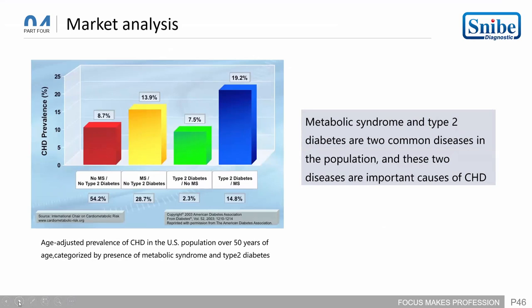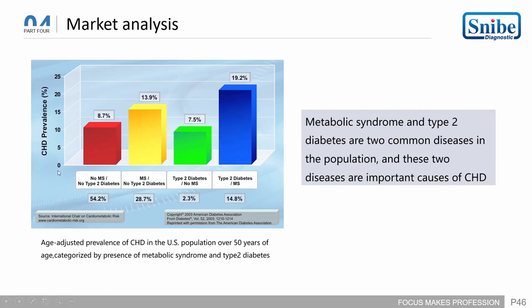If we talk about metabolic syndrome and type 2 diabetes, which are the two most common diseases in the population, these two diseases are also the most important causes of coronary heart disease. You can see here the age-adjusted prevalence of coronary heart disease in the US population over 50 years of age, characterized by the presence of metabolic syndrome and type 2 diabetes.